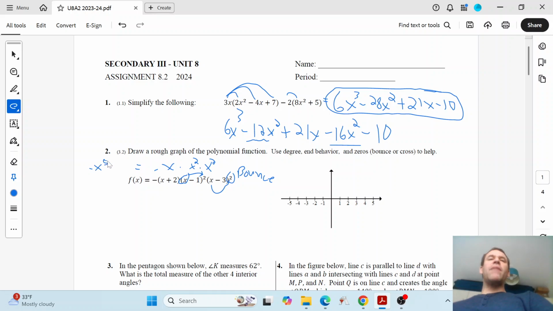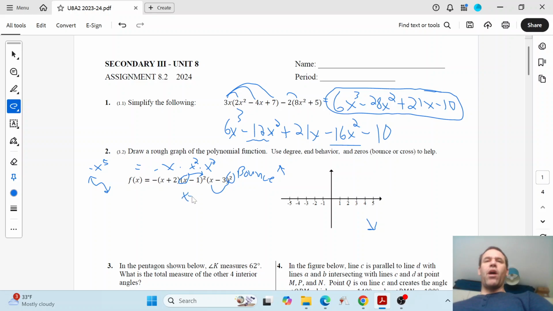And so do you remember the end behavior for odd? How does odd work? So odd is you start off high and you finish off low when it's negative. So just like that, right? And then opposite sign. So this is x equals 1.